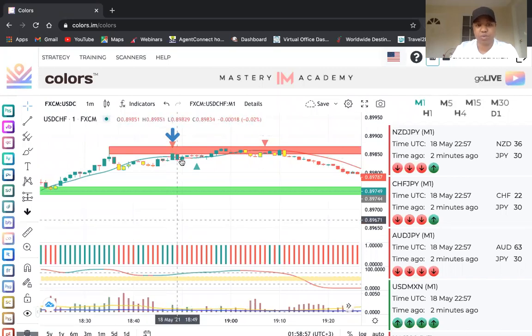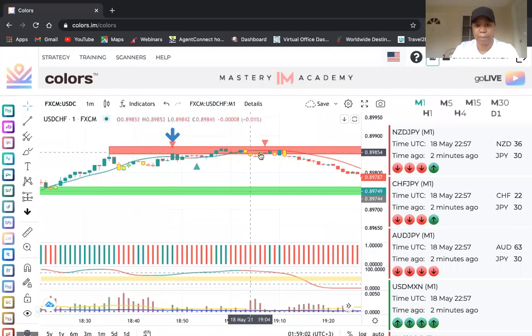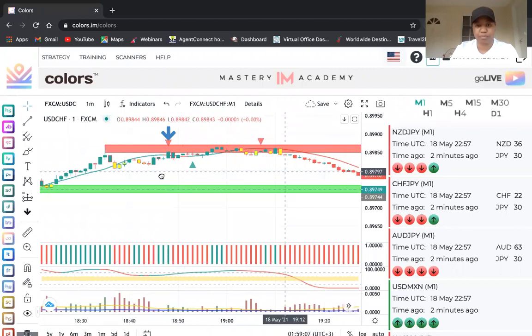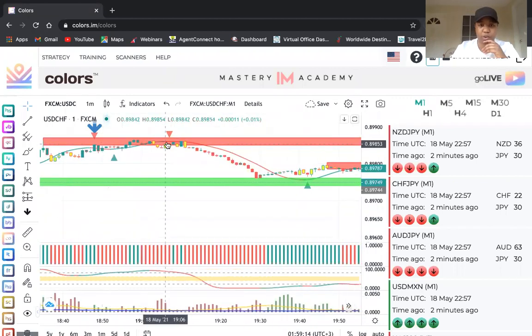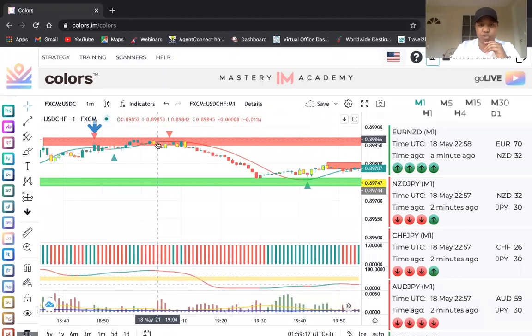Now, as you can see, USD CHF was literally moving sideways for a while, but look what happened, guys. Can you see what happened over here? Hold on, let me zoom back out a little bit so I can move this. So right here, the EMA line changed from green to red.